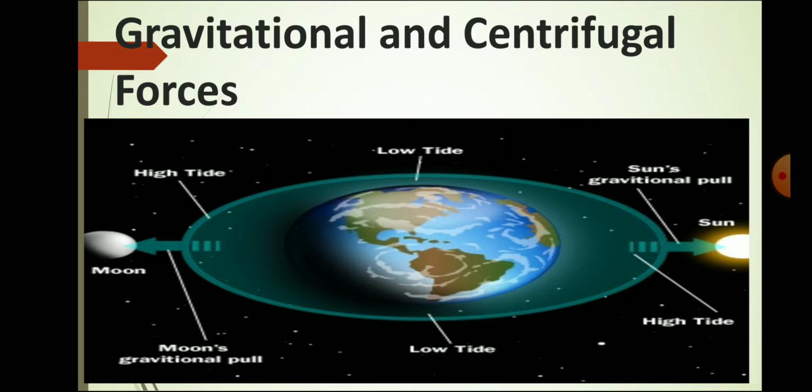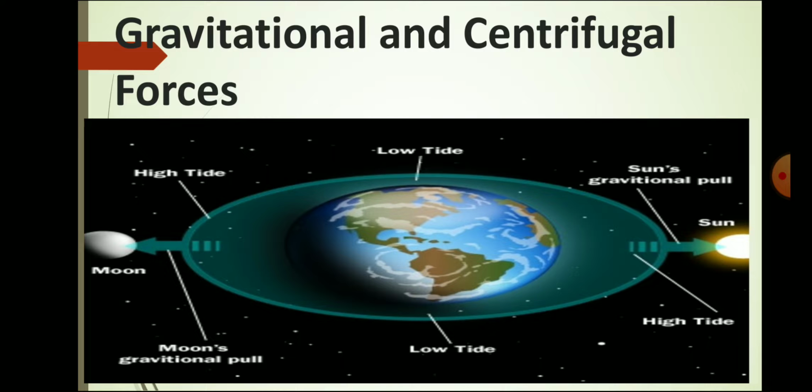Can you see these three celestial bodies in one line? Moon, Earth and Sun. Gravitational forces we have learned earlier. Because of the gravitational force we are stuck to Earth. The same kind of gravitational force the Moon as well as the Sun also have.